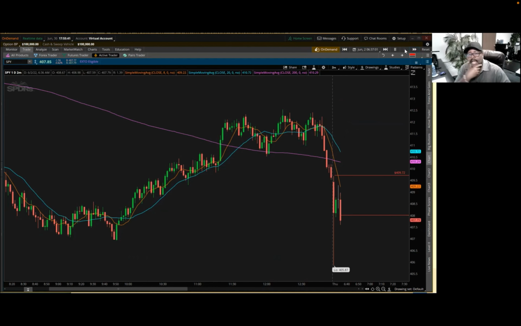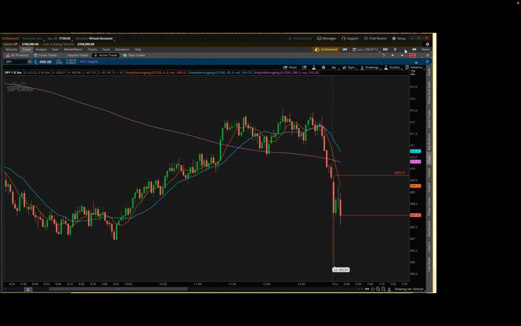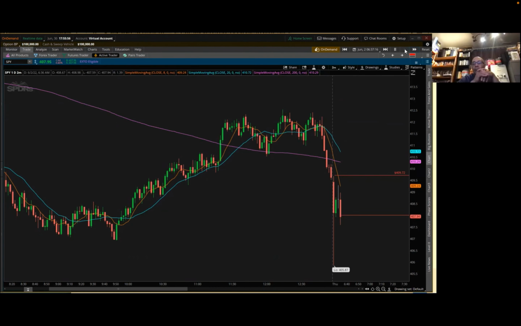Now, you notice I haven't moved my stop yet, right? I have not moved my stop. So the second red line is just indicative of your add. Yeah.